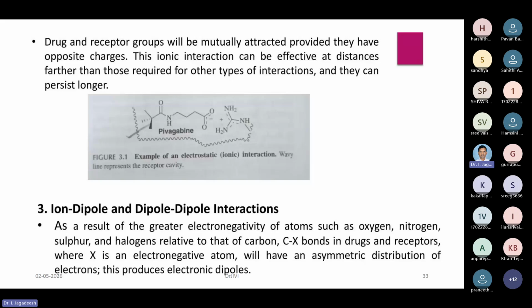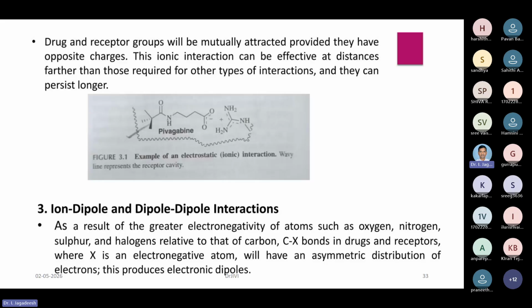So these bonds in the drugs and receptors, where X is the electronegative atom, have an asymmetric distribution of electrons and produce an electronic dipole. One side acts as a positive charge and the other side has the opposite negative charge. That is the reason we call it a dipole.